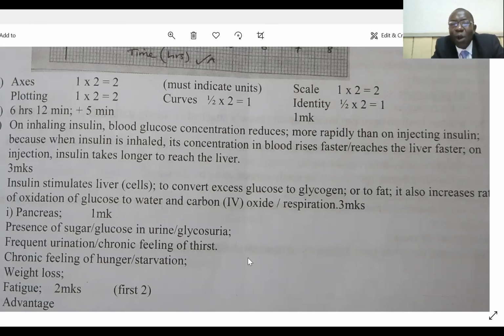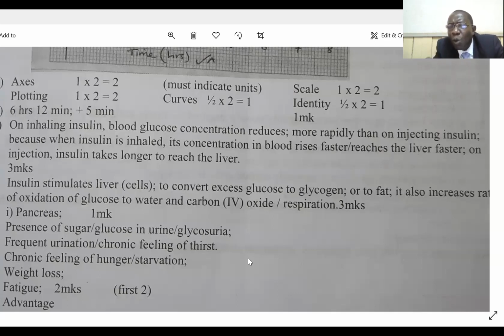I want us to now concentrate on that reason. You know very well that insulin hormone is always produced by the pancreas, but the whole business of reduction of blood glucose level is always done at the liver.